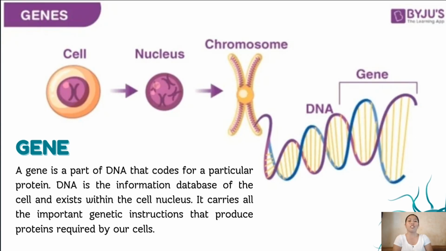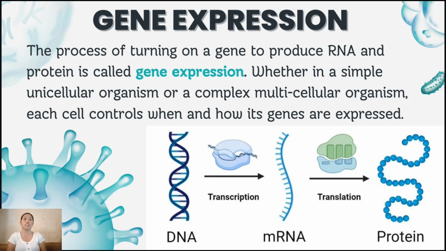The genes are first transcribed into mRNA, or messenger RNA, and then converted into a polypeptide chain. A polypeptide chain is then converted into a protein. So all the hidden code inside our genes emerges as our physical traits, which is known as gene expression. So what is gene expression?